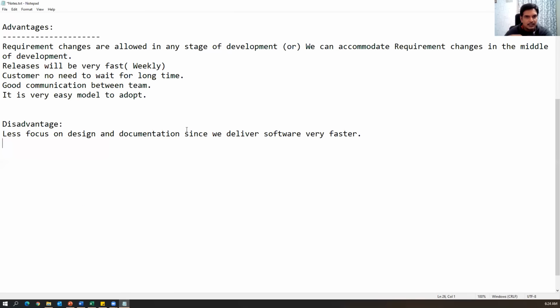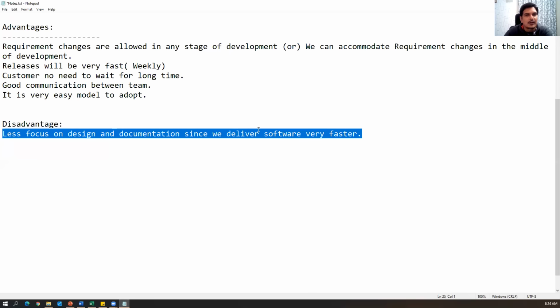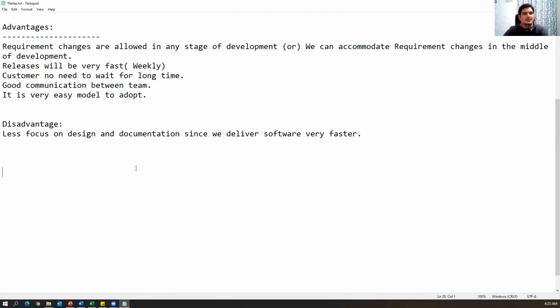We get the requirements from them, write the test cases, and proceed further. When you compare with other models, in the agile model the documentation is very less, with less focus on design and documentation, since we deliver the software much faster. This is one of the main disadvantages of the agile process. These are the only disadvantages we have with the agile model, and the rest are advantages.